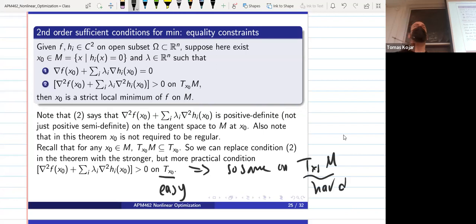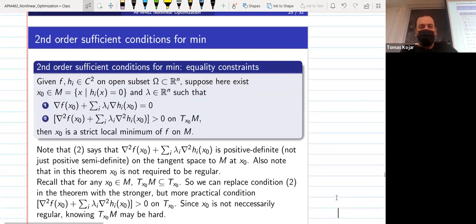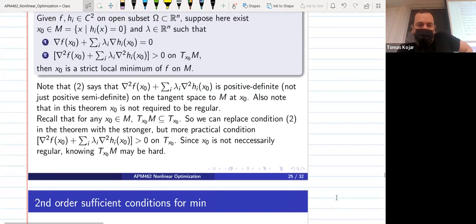If there is one lesson you take from this course, it is to always come back to this tangent space when you do optimization. That's the main thing. Yes, T_x0 M can be very, very hard.